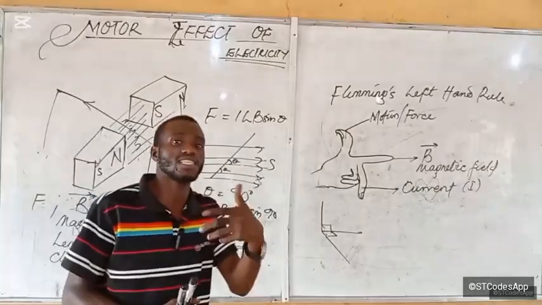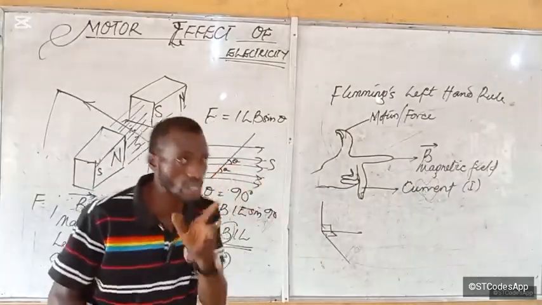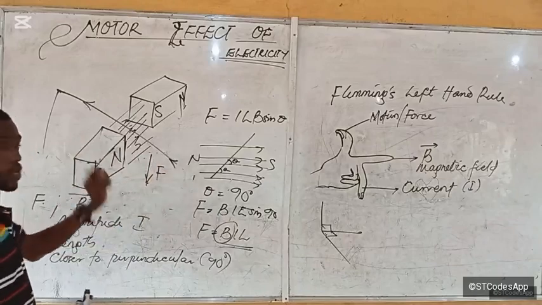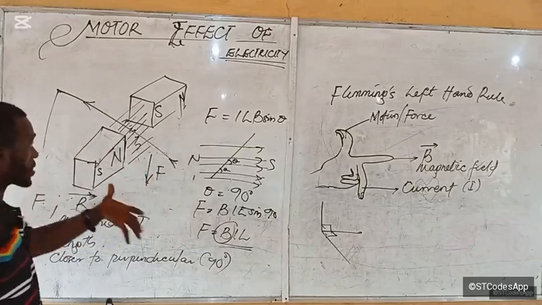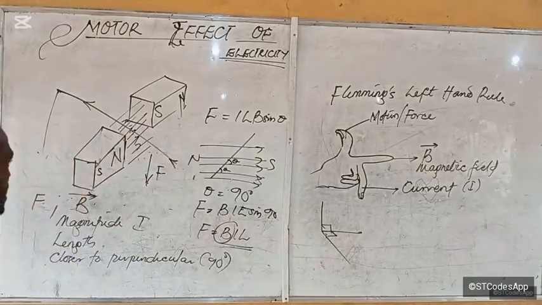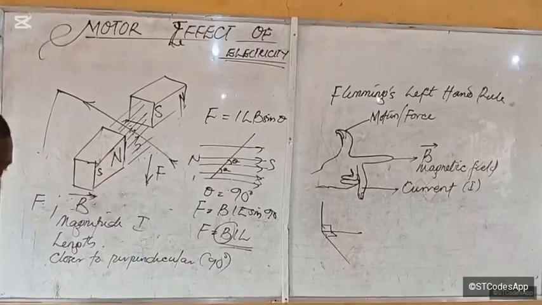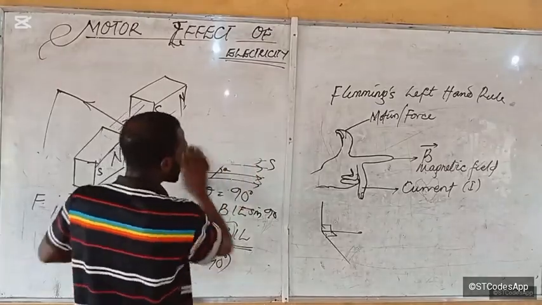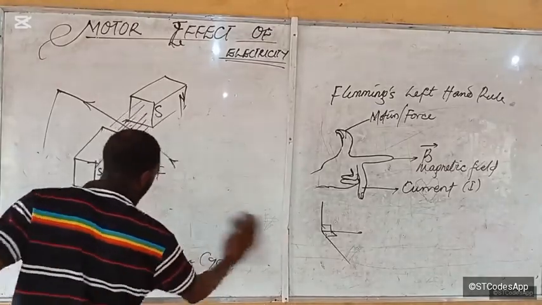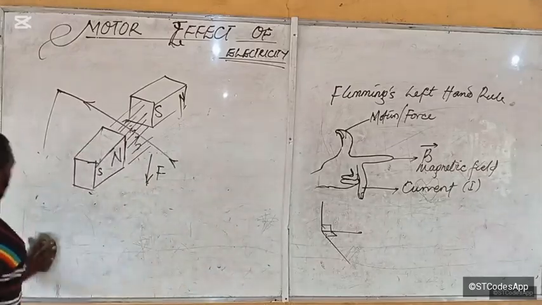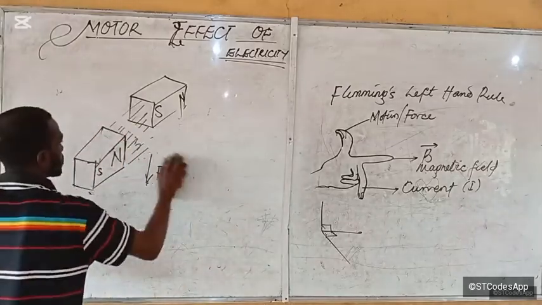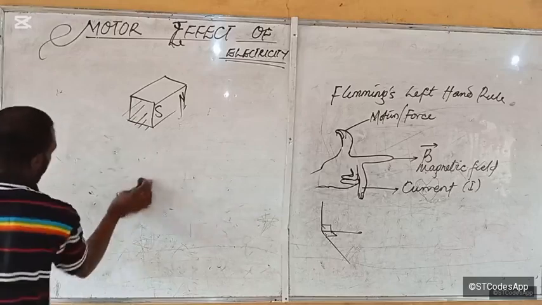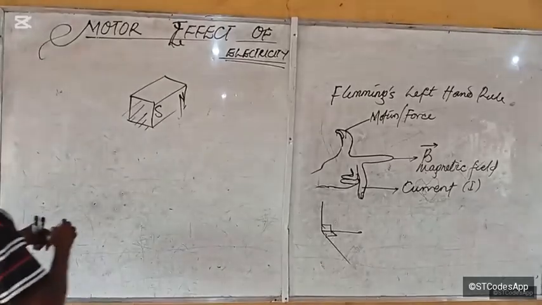So how do we now generate the motor effect? First, you have understood now that when you place a wire in a magnetic field and the wire is carrying current, then a force will act upon that wire. Okay. Now, using this same system, I don't want to clean it. Let me show you the motor, which is called the DC motor.